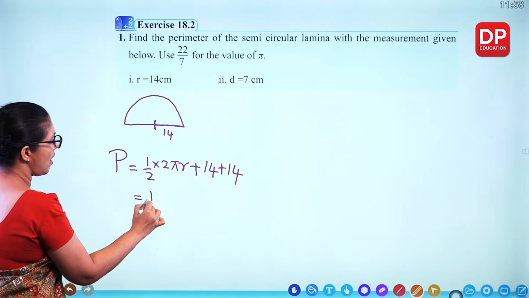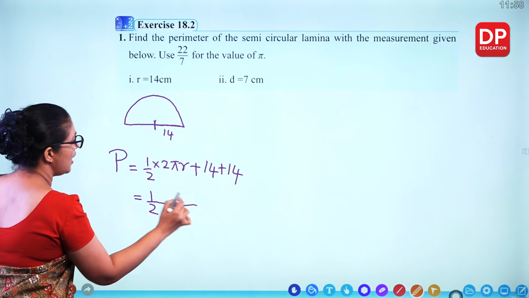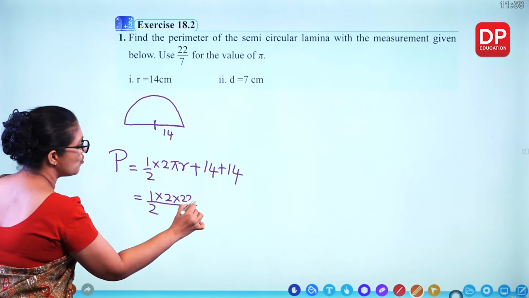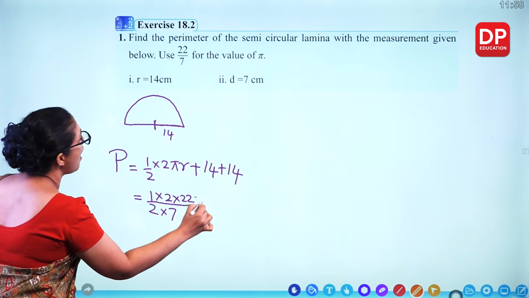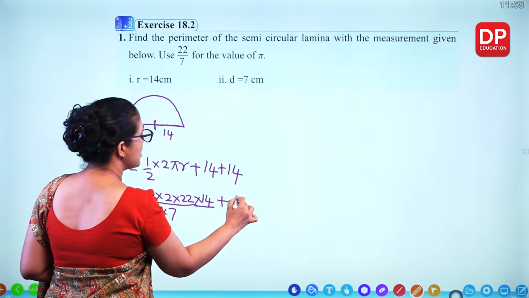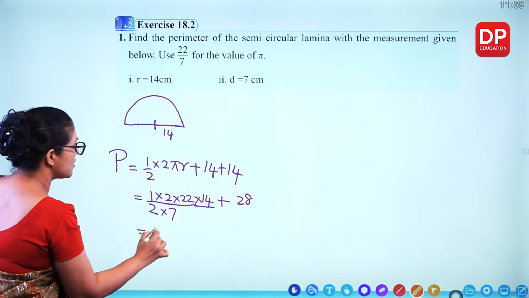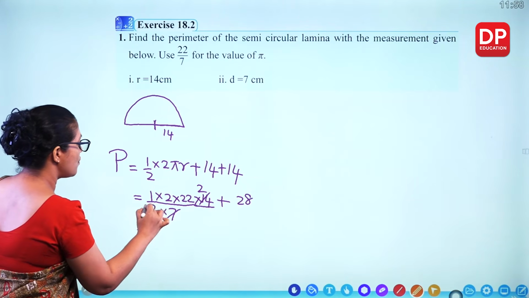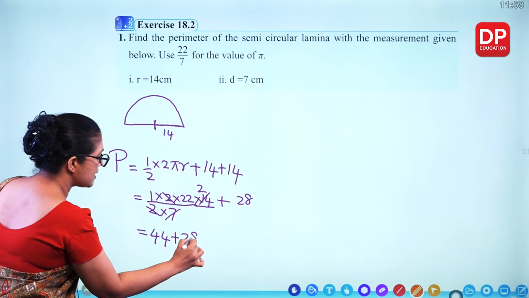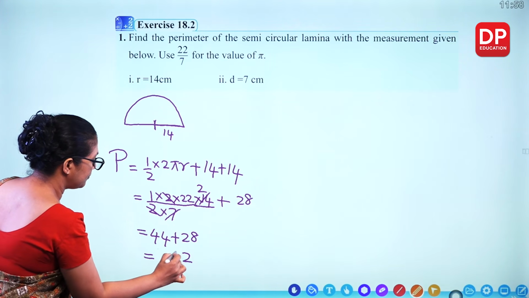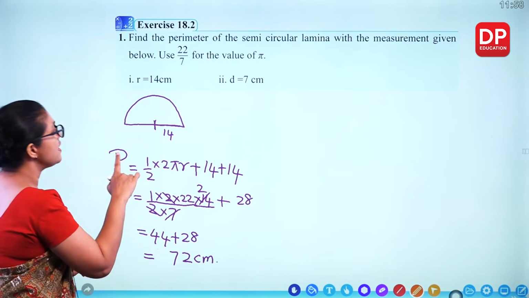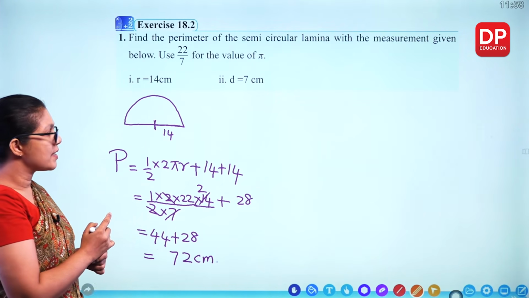So you get half, 2, pi is 22 over 7 and r is 14, plus 28. So 7 times 2, this 2 gets cancelled out, you get 44 plus 28, 72 centimeters for the perimeter of this semicircular part.